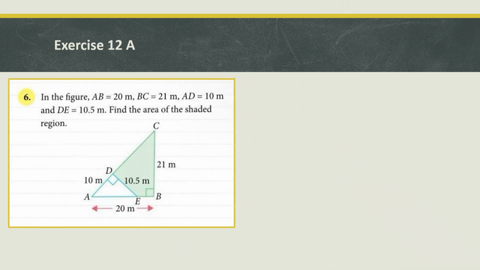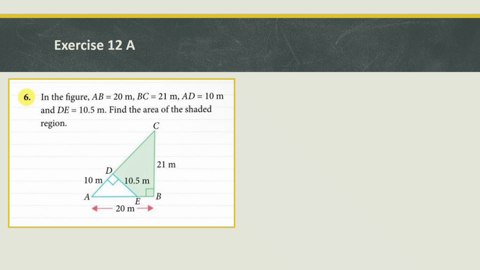This is question number 6. This is quite easy, by the way. Let's read it. Question number 6 says that in the figure, AB is 20 meter, BC is 21 meter, AD is 10 meter and DE is 10.5 meter.